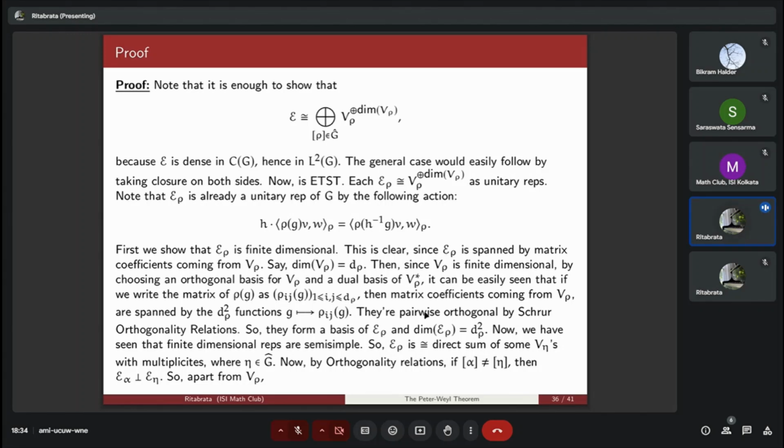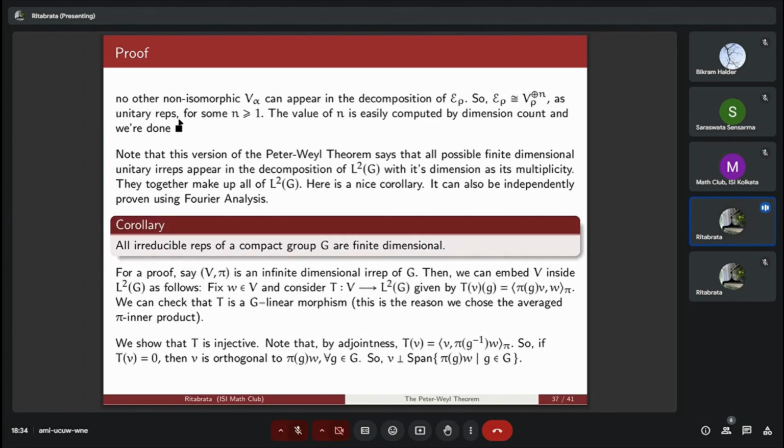So basically it means that apart from V_ρ, no other non-isomorphic V_α can appear in the decomposition of η_ρ. So η_ρ must be some power of V_ρ, only some copies of V_ρ, say n copies. Now n has to be the dimension of V_ρ. This we can directly compute by just taking dimensions on both sides, and this proves our Peter-Weyl theorem.